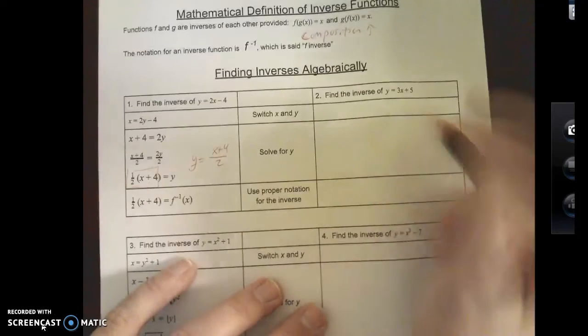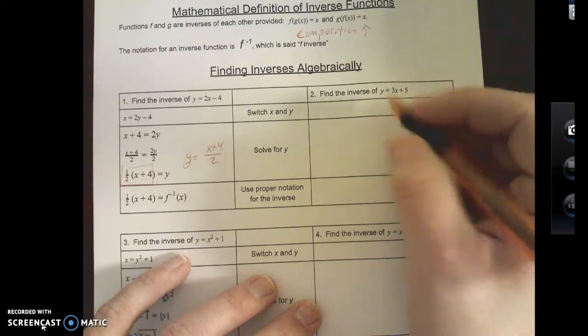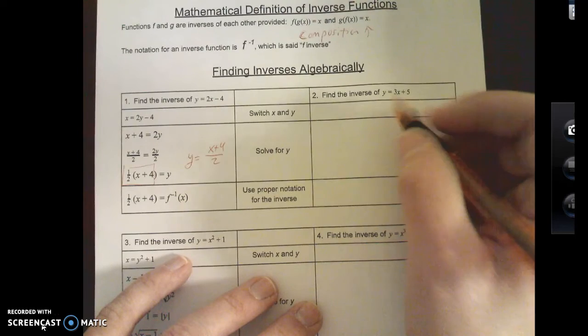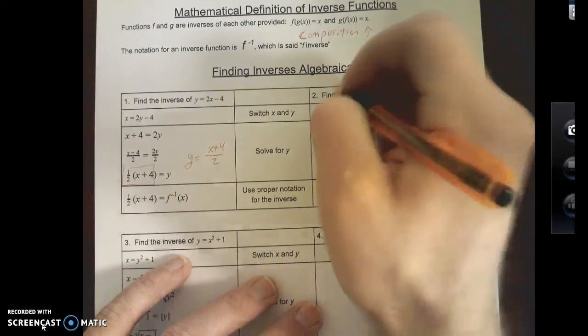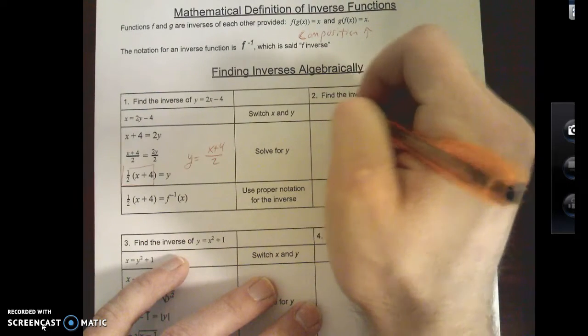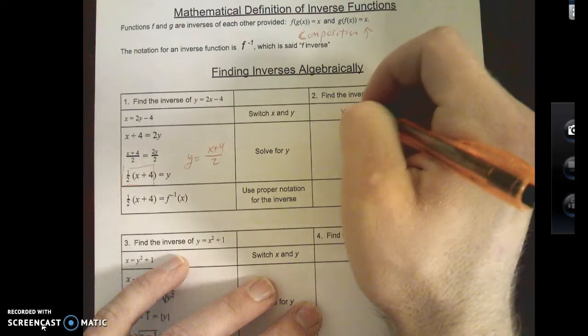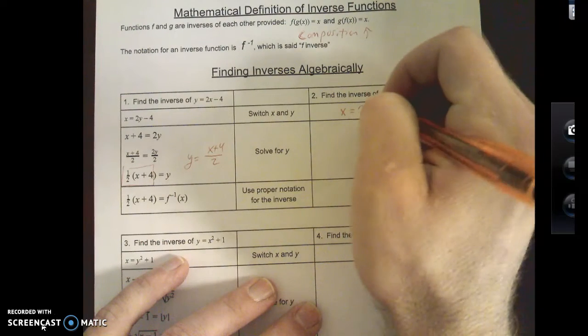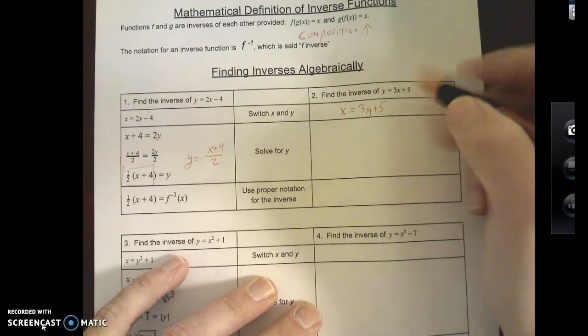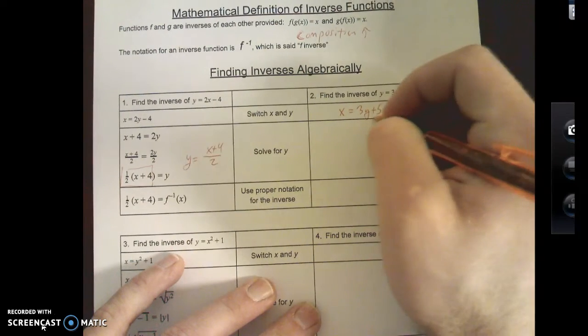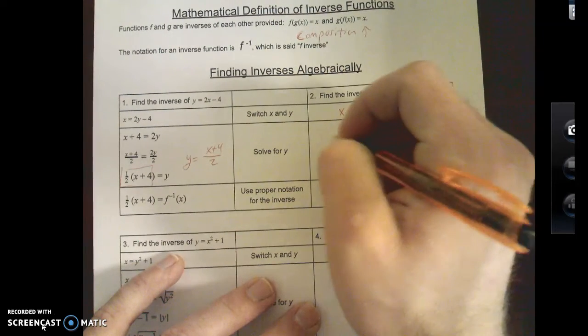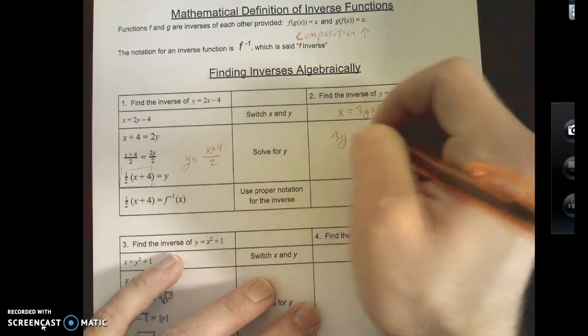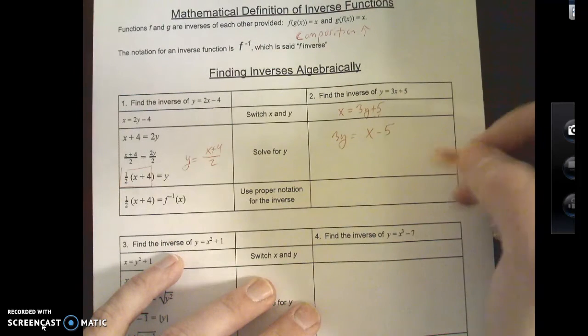So please watch how simple this is. We have an example over here, find the inverse of y equals 3x plus 5. I'm going to switch the x and y around. So x equals 3y plus 5. And now we're trying to solve for y. I'm going to subtract 5 from both sides. So 3y equals x minus 5. Hopefully you guys are okay with me moving the y over there.